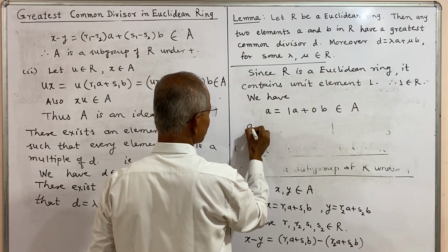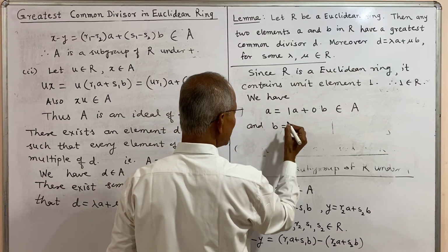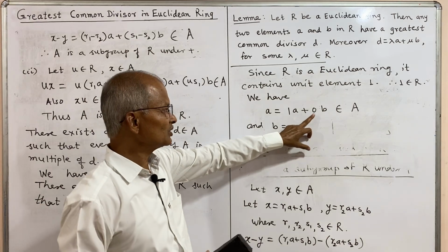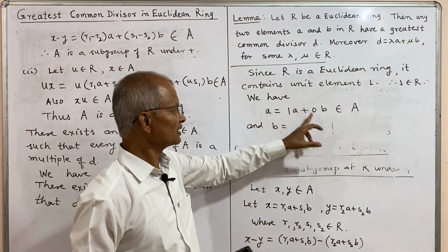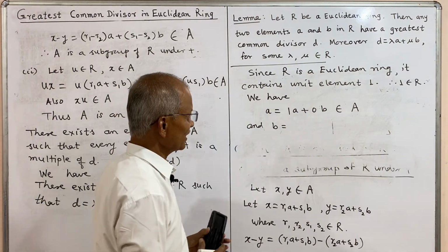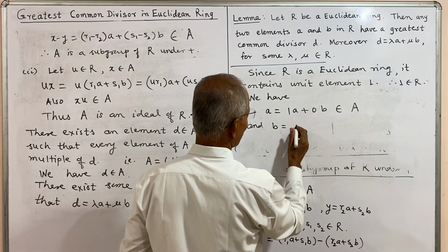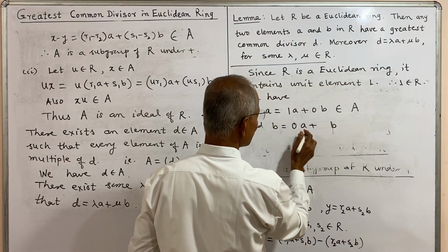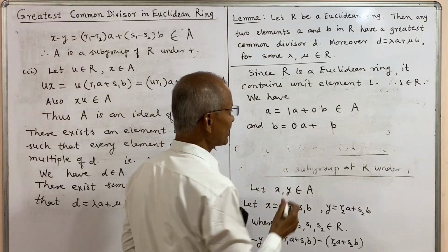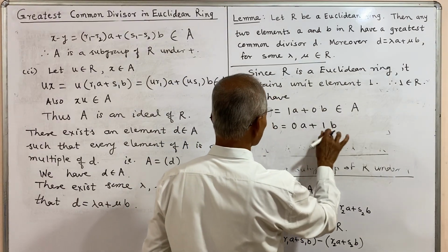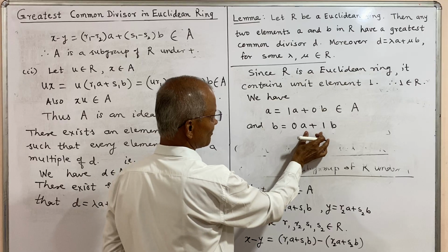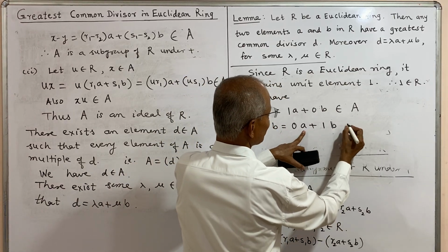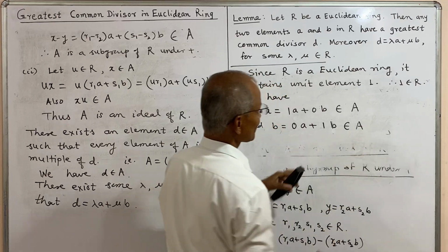And what about B? Now we may verify 1 into A is A and this is 0, so A plus 0 is again A. B can be written as a combination of A and B, where we consider the multiple of A as 0 and the multiple of B as 1. So B is equal to 0A plus 1B, and that is again a combination of A and B, and that belongs to the ideal.